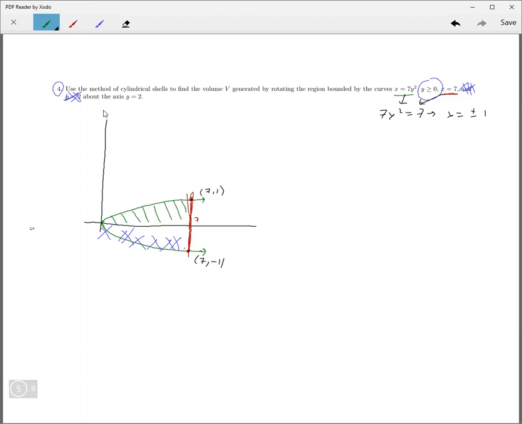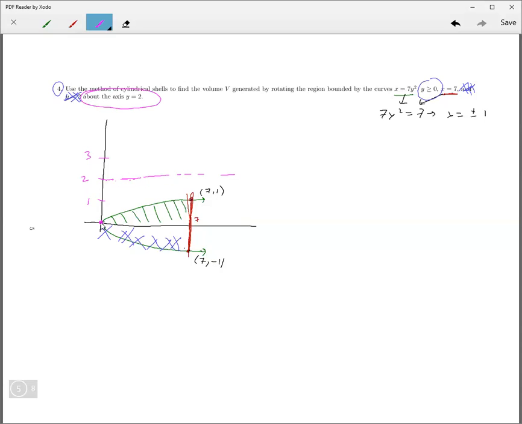That's the region, and we're going to revolve it about the axis y equals 2. So here's 1. Here's 2. And here's 3, just for reference. This region right here is being revolved around this axis, y equals 2.